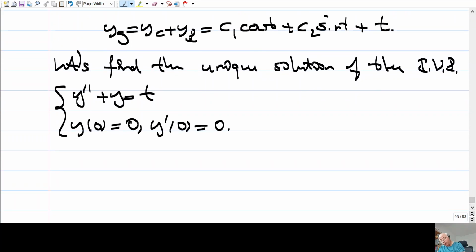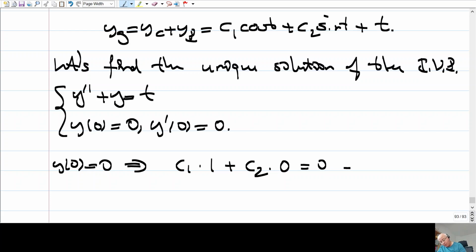We have already obtained the general solution, so I will just use these conditions to write down two equations for the coefficients C1 and C2. Now, y(0) equals 0 implies what? When you plug 0 for t, you get C1 times 1 plus C2 times 0 equals 0, so C1 is just 0. What about y'(0) equals 0?